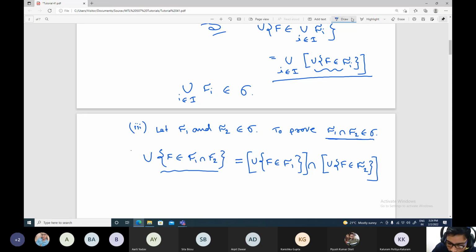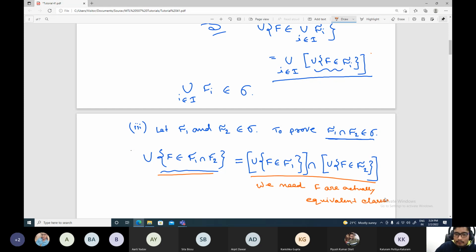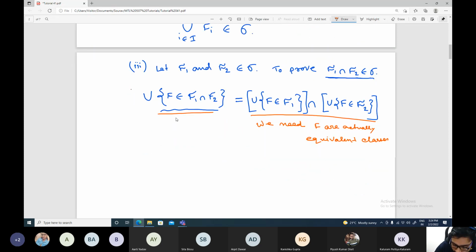Now to get from here to here, we need that each F is actually an equivalence class. One inclusion is obvious, because if you consider this one, it is contained in that as well as that.